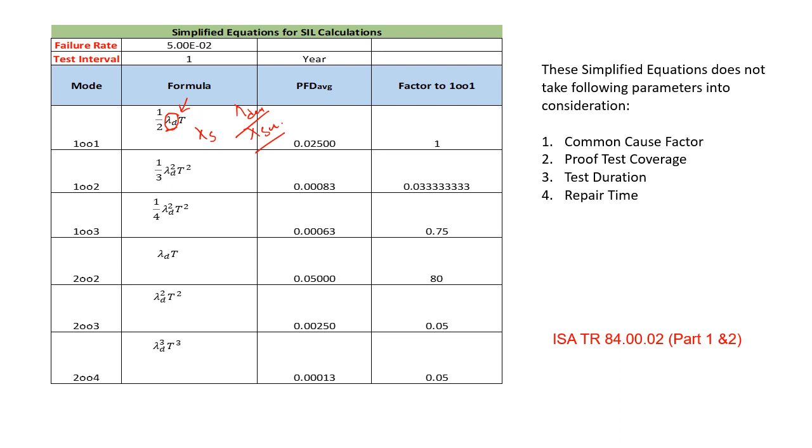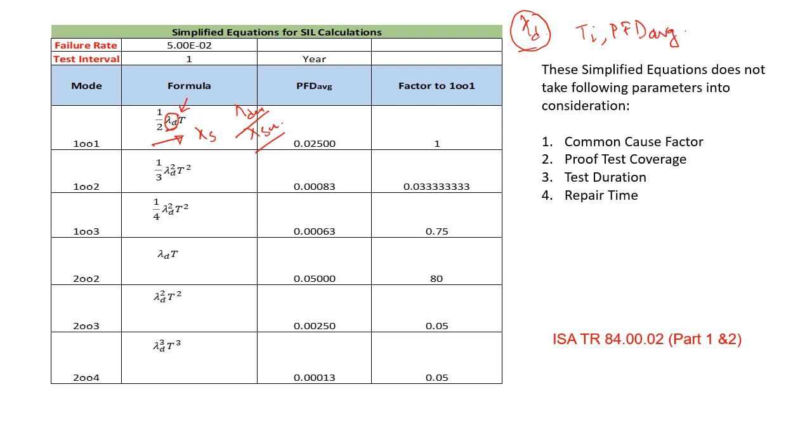In most cases, lambda d becomes the most prominent part of that failure rate, and it has also been seen that if we do the SIL calculation using lambda d, we get a conservative value of the test interval or the PFD average.